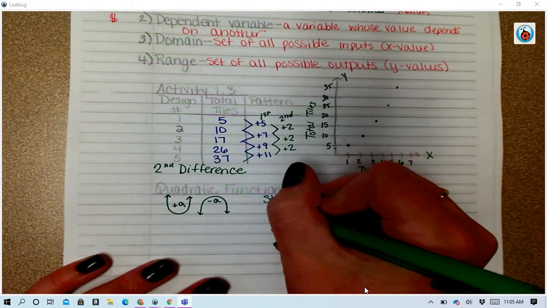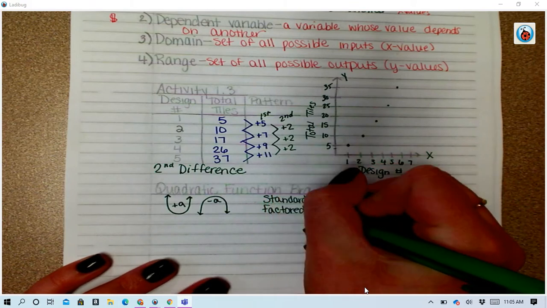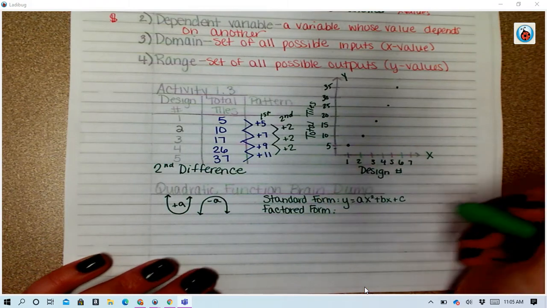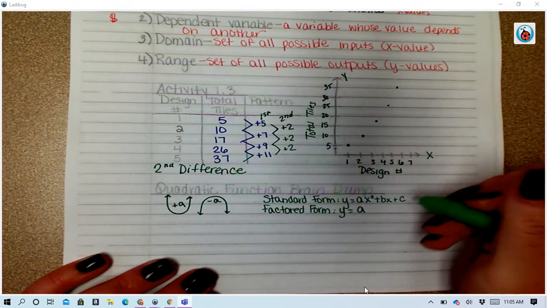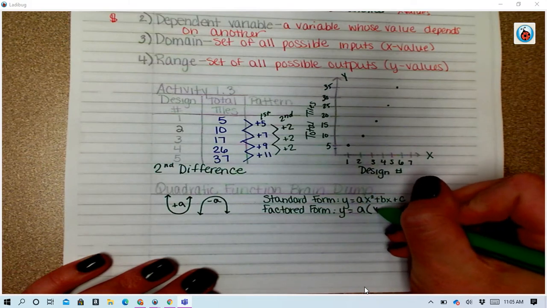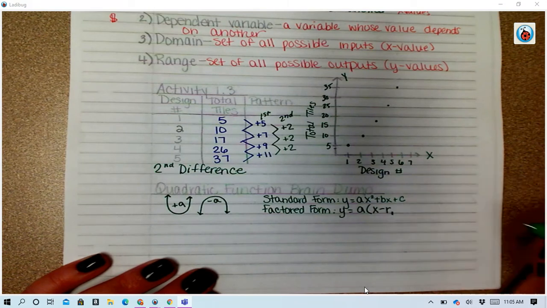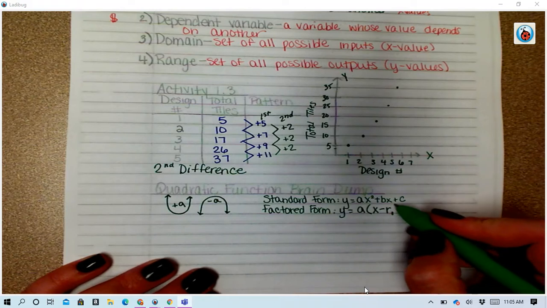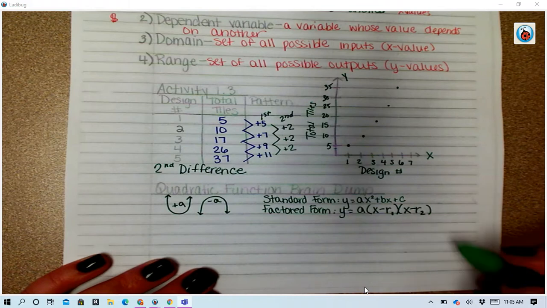There's also factored form, which you should have gone over and integrated to. And in factored form, that's y equals a, and then in parentheses, x minus r sub 1. So the 1 is down here like the opposite of an exponent. And then x minus r sub 2.